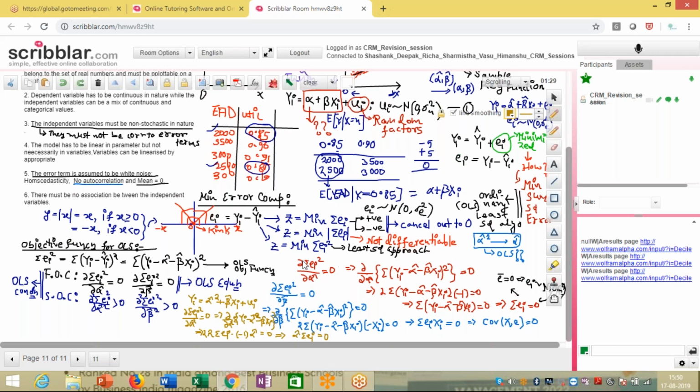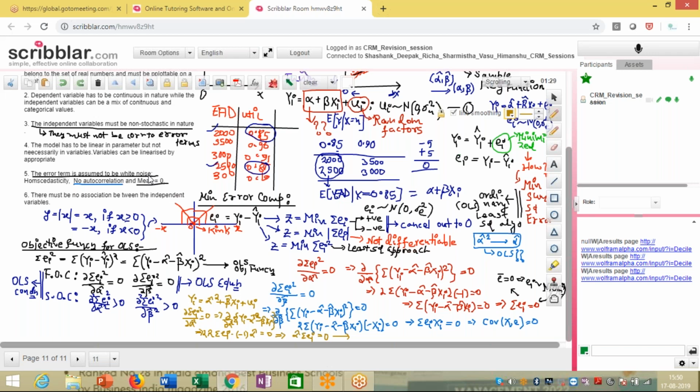Now, if this is the case, then you cannot actually ensure that summation ei is always equal to 0, and hence the mean zero and the white noise error term cannot be ensured, right? There can be an autocorrelation or an element of heteroscedasticity in the error term.